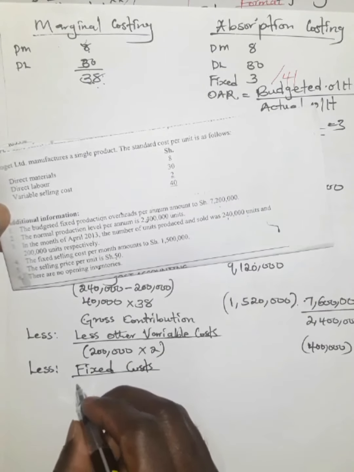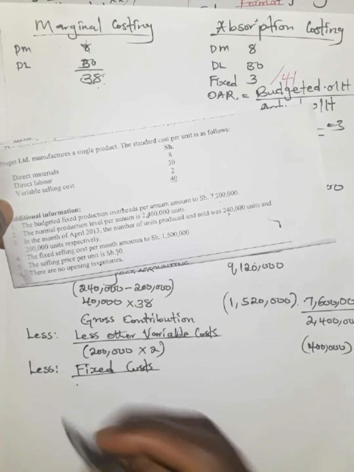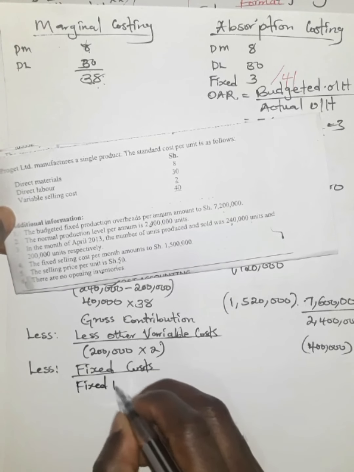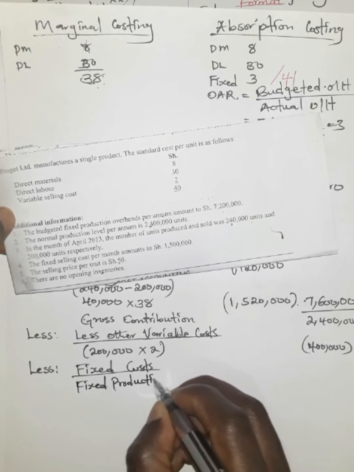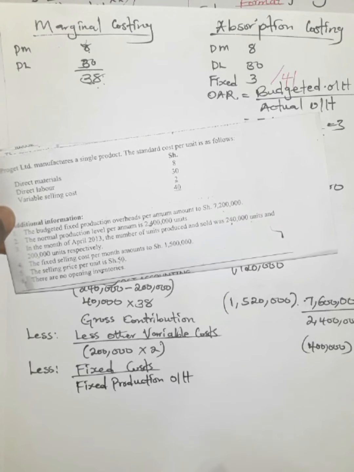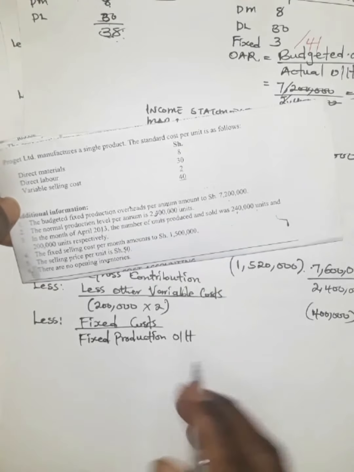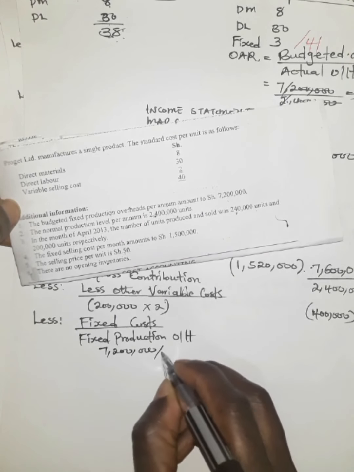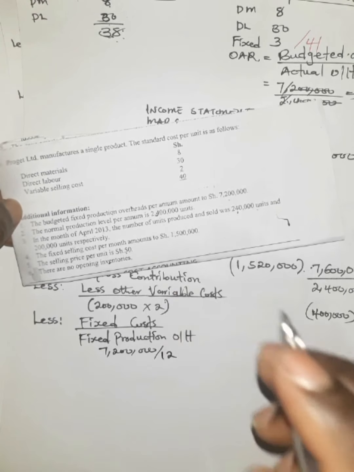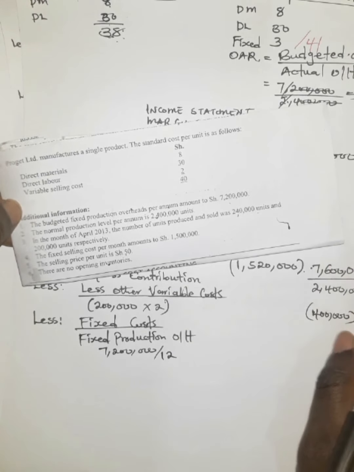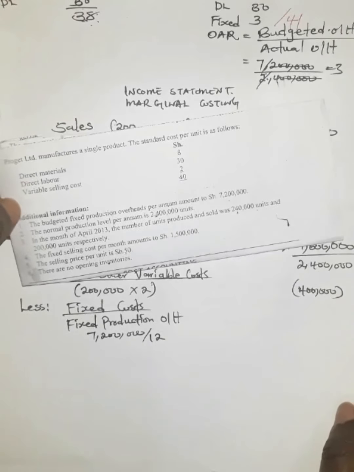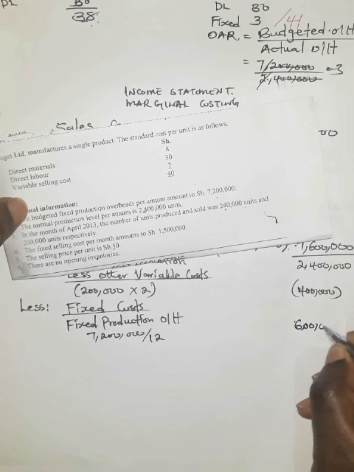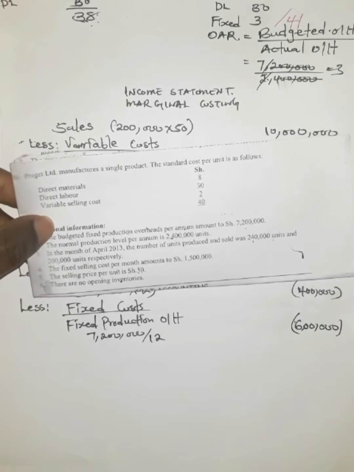So it means we are supposed to talk about now the budgeted fixed production overhead, which was per annum an amount of 7.2 million. You divide by 12 to get what was actually consumed per month, because that is per annum, and we get a value of 600,000. Again, we less that one.